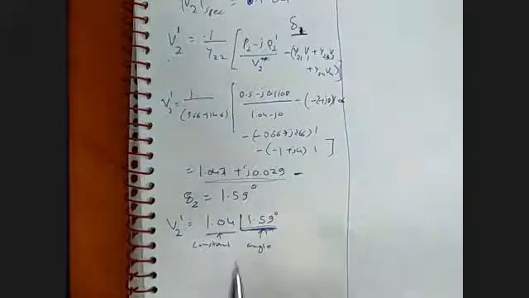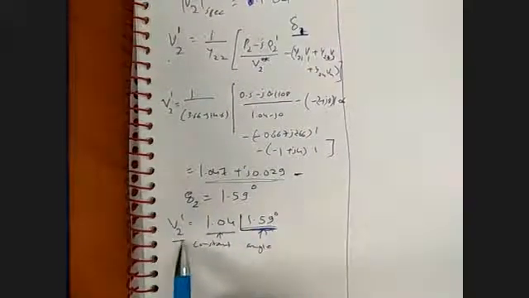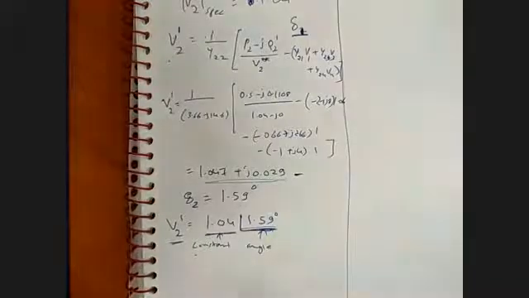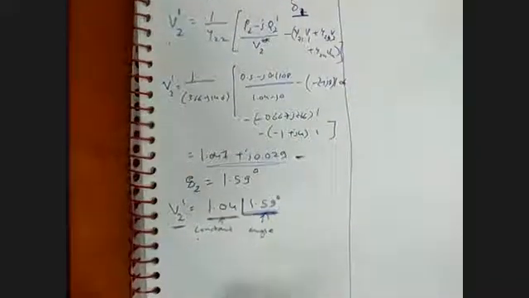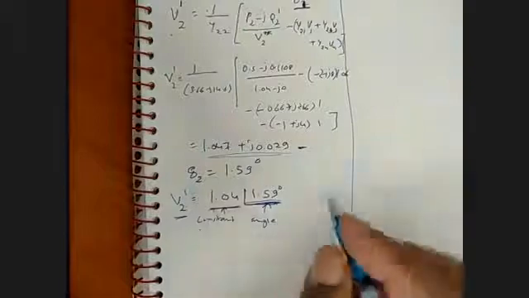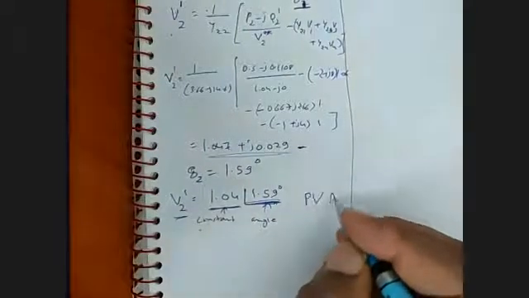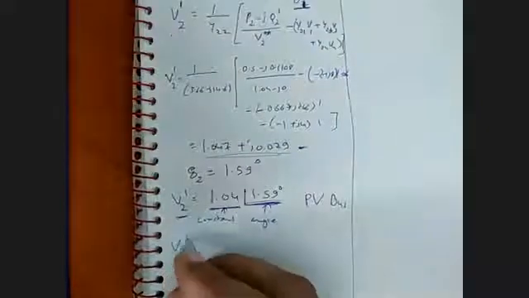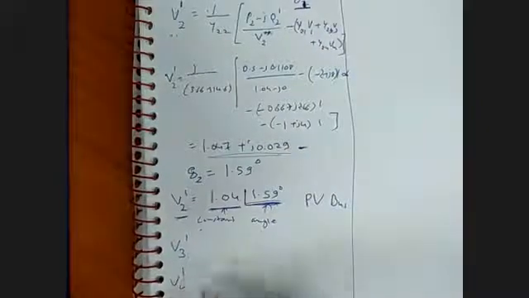We will always calculate V21 but the magnitude will remain constant, that will be 1.04. This is the major change which will be when we have PV bus. Now we will calculate V31 and then V41.